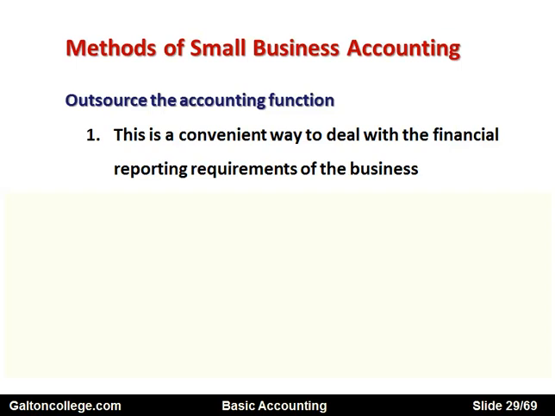The accountants on the outside may be involved more than just simply drawing up the accounts for taxation purposes. They may be involved in decision making based on the accounts, and they may even attend meetings of the company.